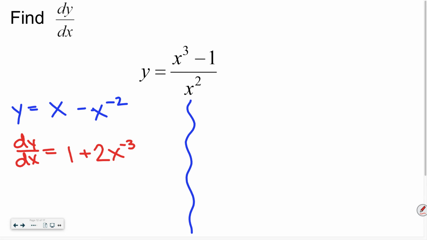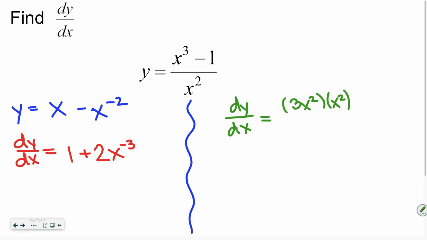Let's just say you didn't notice, like Eli did, that we could use the power rule, or you were worried about making a mistake on the power rule. We do have a quotient, and if we use the quotient rule, this is how it would go. The derivative of our numerator is 3x squared.